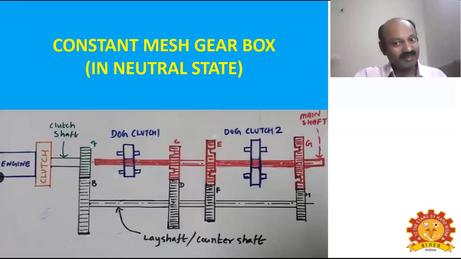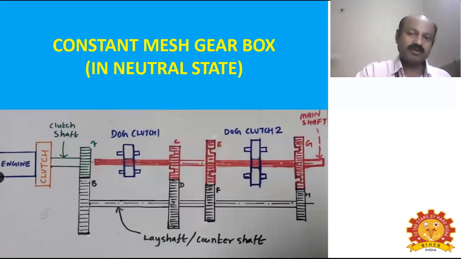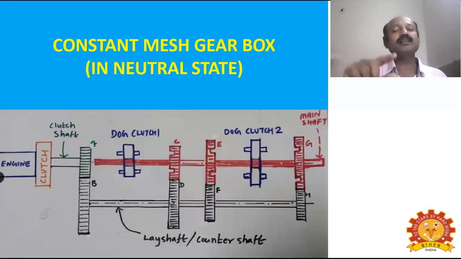They are not making the main shaft rotate. How is the main shaft made to rotate? When power from a particular gear is to be transferred, the dog clutch drives the main shaft through the internal spline construction. That is the basic difference. Otherwise, they are similar.